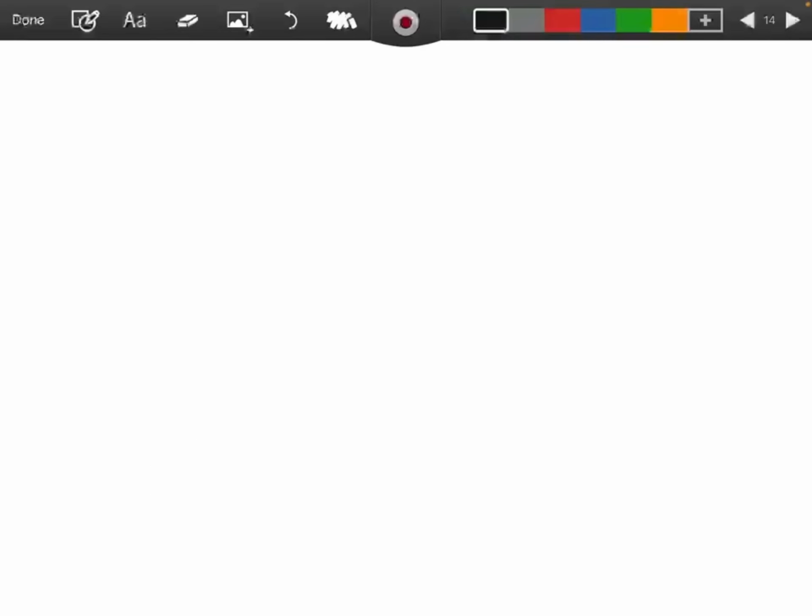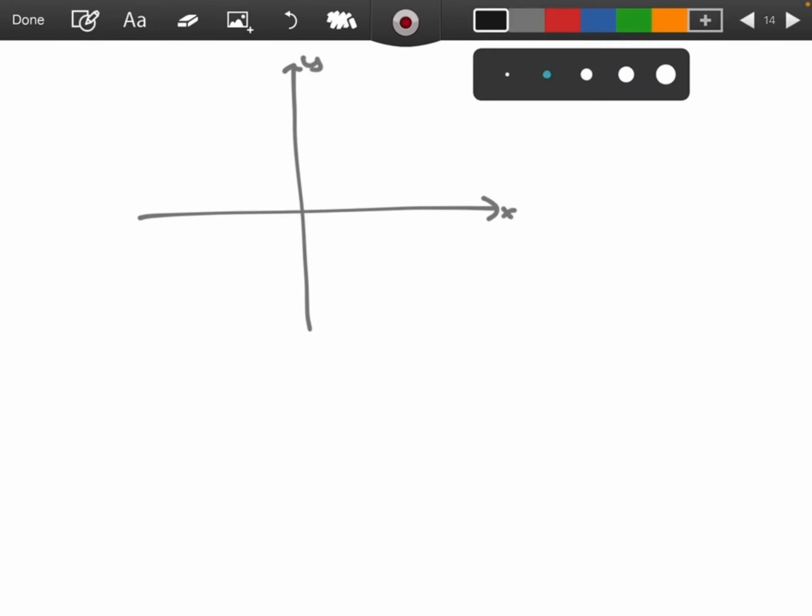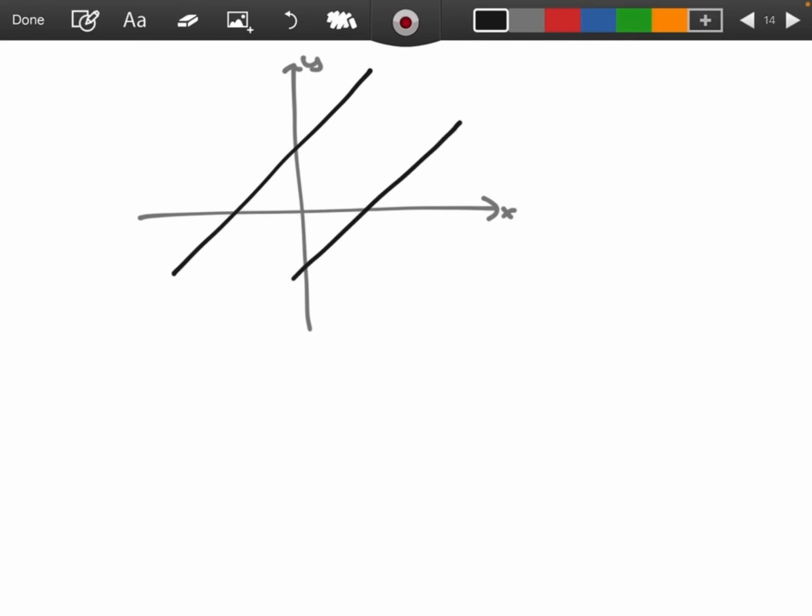If you have parallel lines, let's look at what parallel lines would look like. Again, I'm going to quickly plot out an X and Y Cartesian coordinate plane. Parallel lines have the same slope. One's not steeper than the other. They both have the exact same slope, whether that be positive or negative.